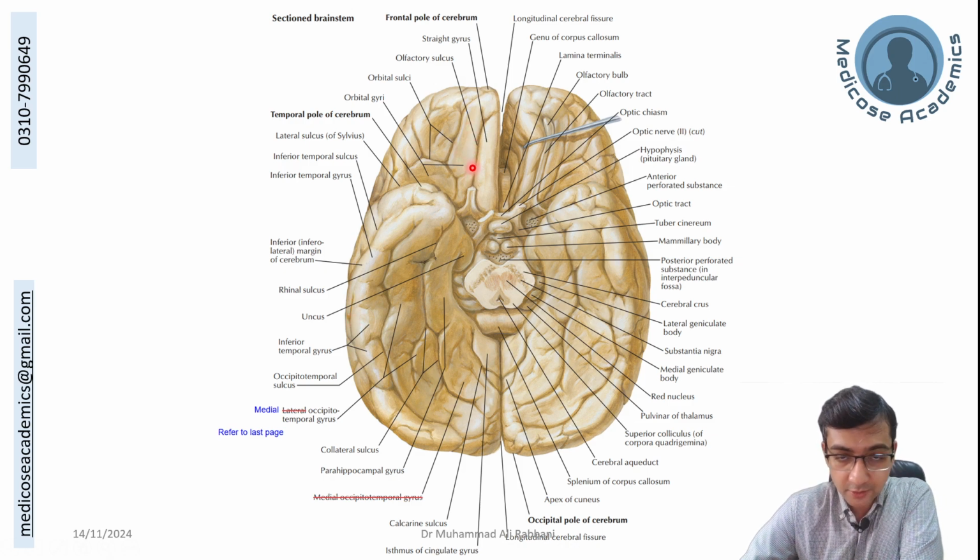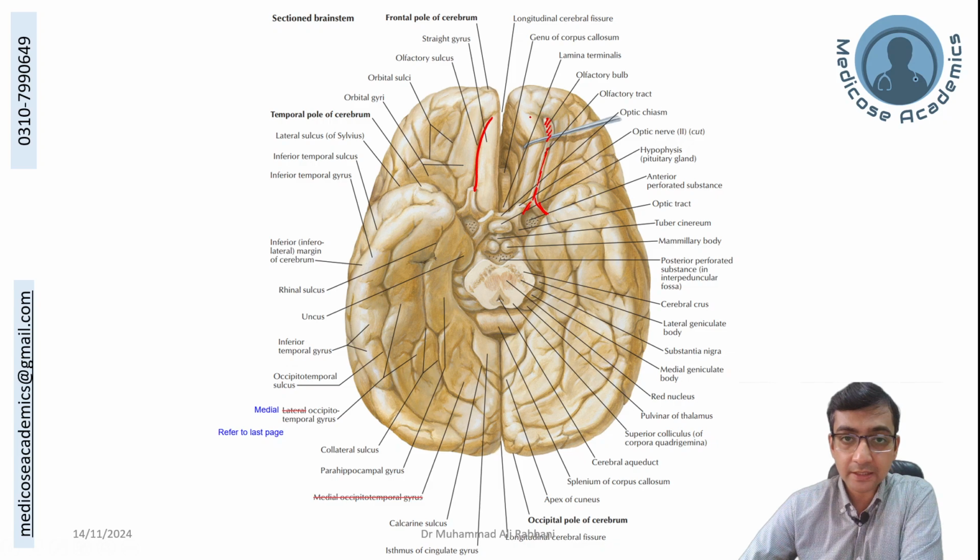If we see the inferior aspect of the frontal lobe, you will see this structure. This is the olfactory bulb, followed by the olfactory tract that divides into medial and lateral stria. If you remove the olfactory tract, you will see this sulcus, called the olfactory sulcus.